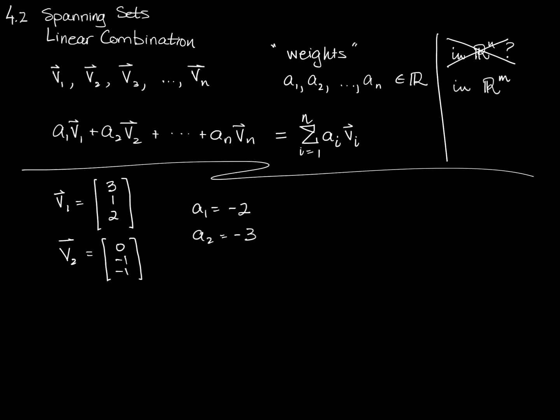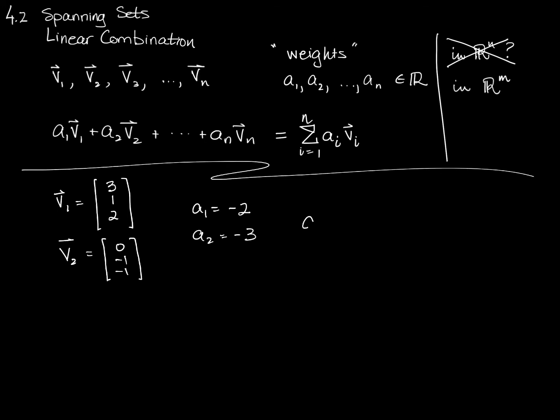Okay, let's do an example here. I've got 2 vectors, v1, which is 3, 1, 2, and v2, which is 0, -1, -1. These are in R3. And I have 2 weights, 2 scalars, a1 equals -2 and a2 equals -3.